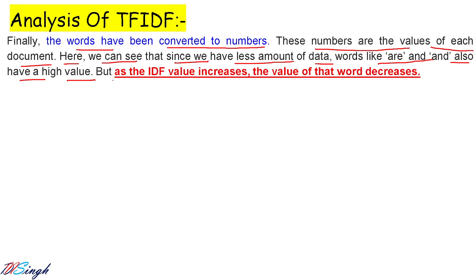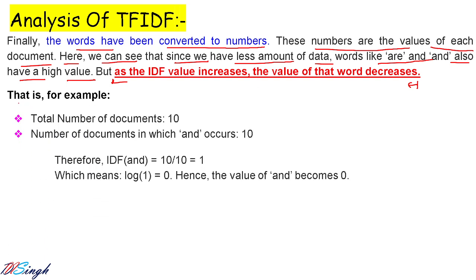So what does this statement mean? As the IDF value increases, the value for that word decreases. Let us see by this example. Suppose the total number of documents in our corpus is 10, and the number of documents in which a particular word like 'and' occurs is 10.